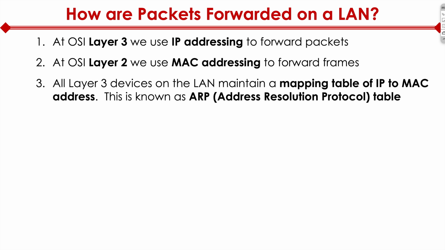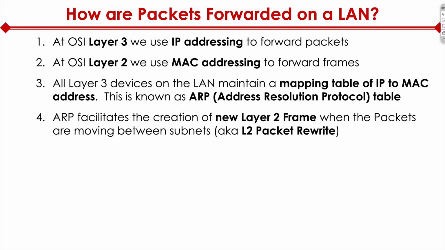And the way it happens is through a protocol called ARP, or Address Resolution Protocol. All layer 3 devices on our network maintain an ARP table, which is a mapping of an IP address to a MAC address.